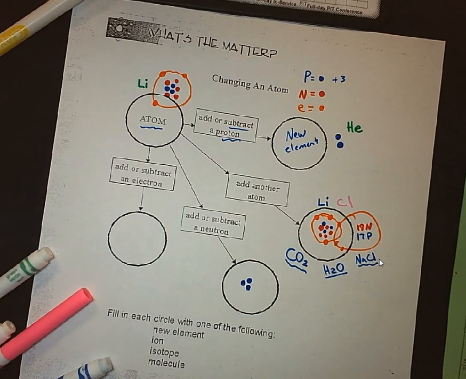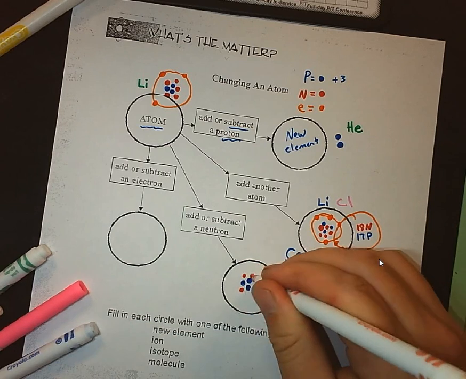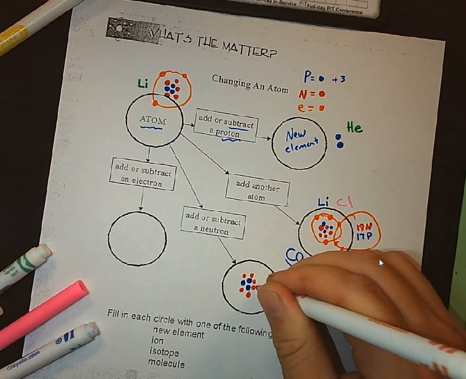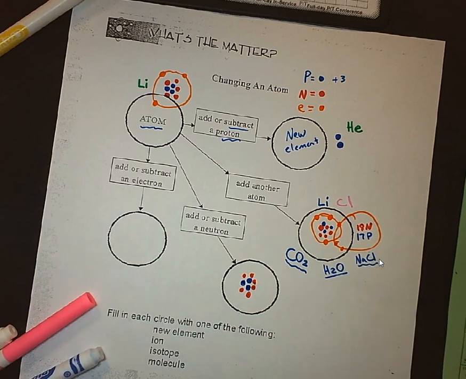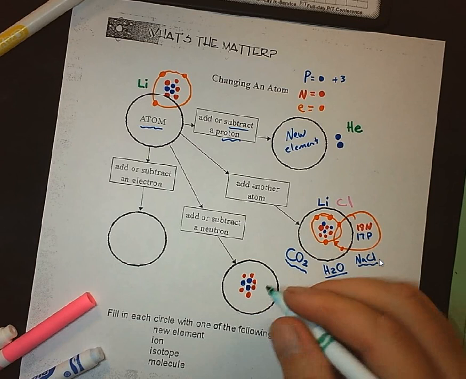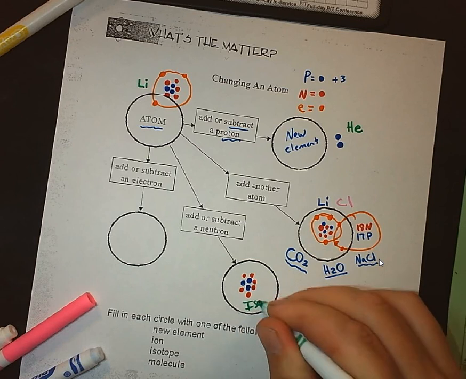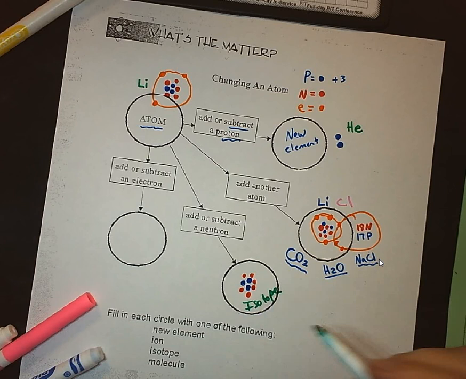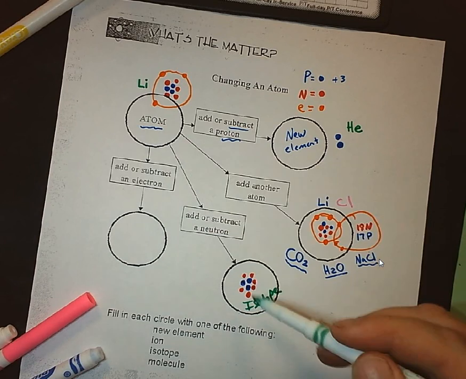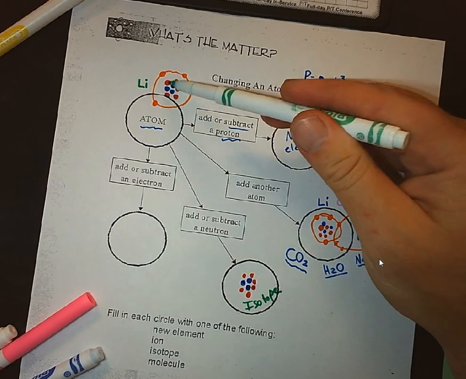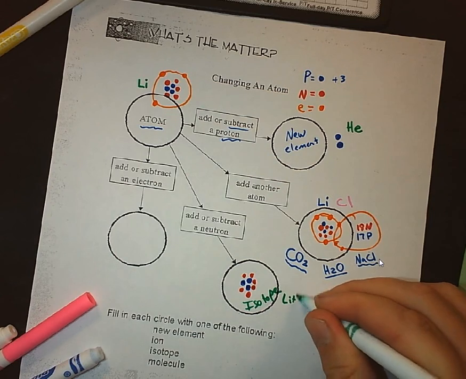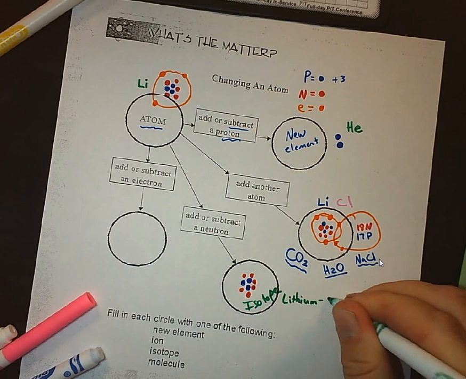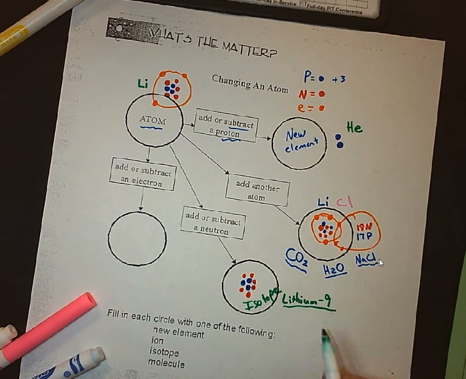If I do 1, 2, 3, 4, 5, 6, we are still lithium, but now this is an isotope. A better way to phrase that, these are isotopes of each other. This would be lithium-8, while this is lithium-9. So isotopes, you always give them their mass number, the number of protons and neutrons.